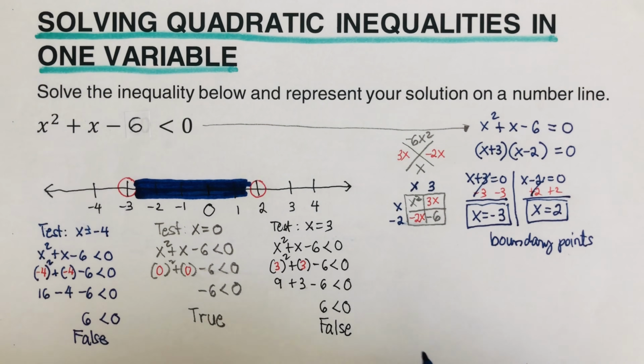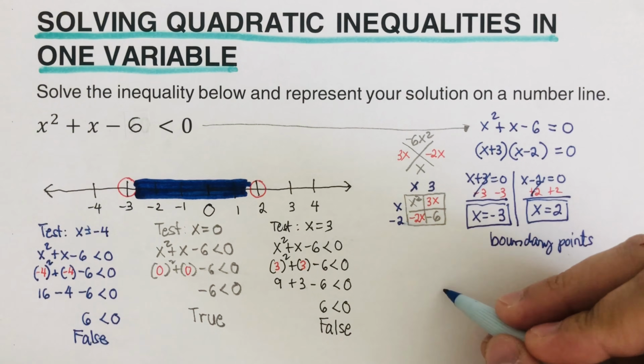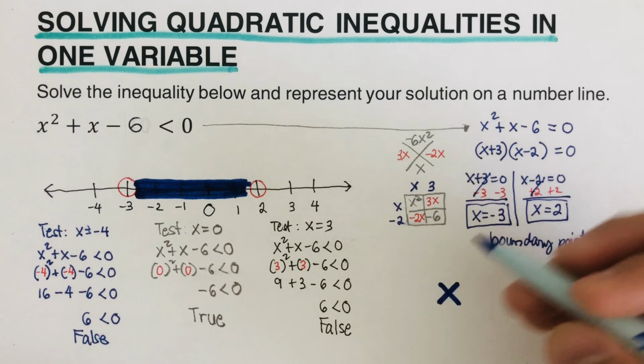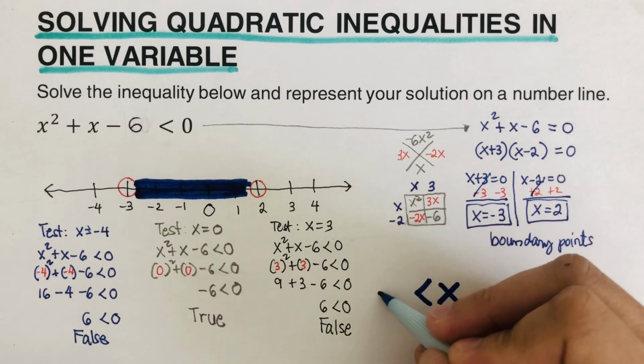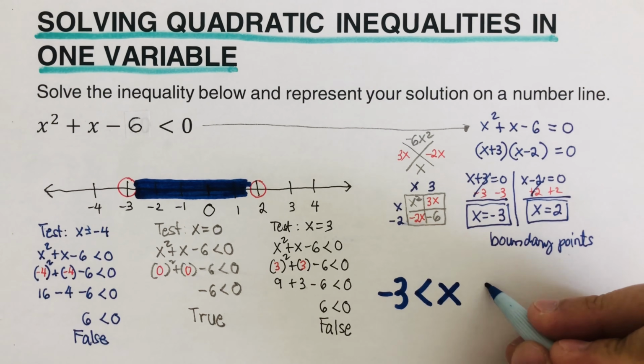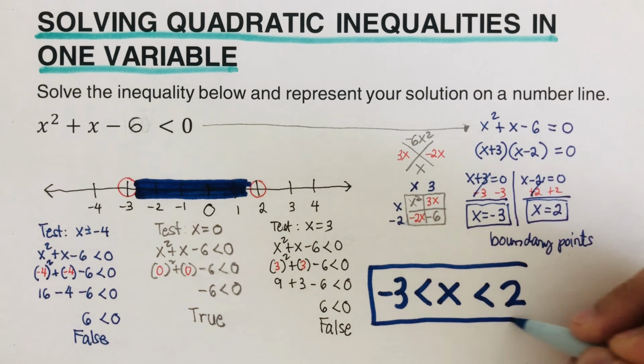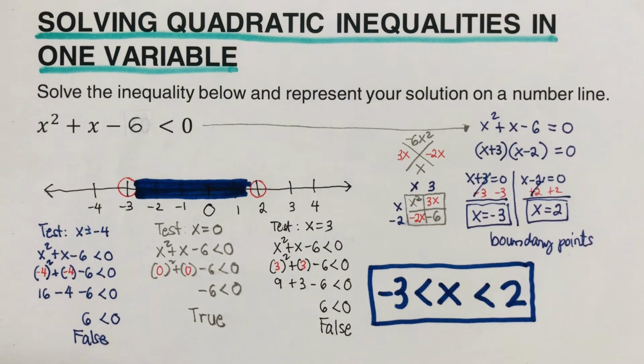So if we are going to change this to inequality notation, we can write the solution to this inequality is x is greater than -3, but less than 2. So this is the solution to this inequality.